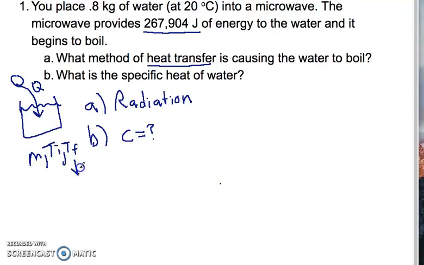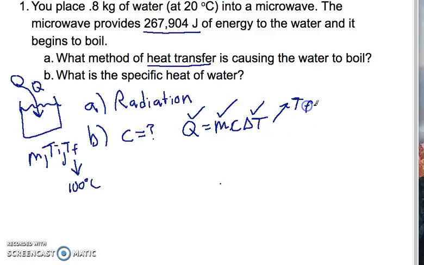It says it's boiling, so it's 100 degrees C. So if we're trying to tie all those together, we're going to use the heat equation, Q equals mc delta T. So we know how much energy is provided, we know the mass, we know the change in temperature, which is really Tf minus Ti. We know both of those things.